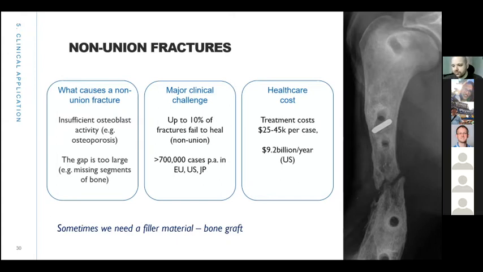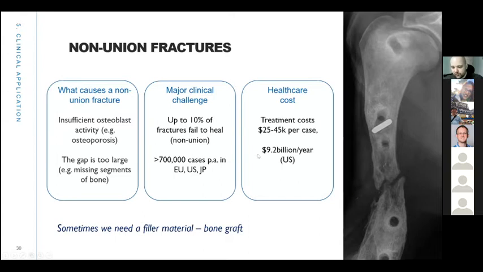For example, if you have a bone cancer and there's a large section of bone removed, then there'll be a need for graft material to replace the missing section of bone. Fractures can also occur due to osteoporosis, and this specifically is a lack of osteoblast activity, so a lack of bone formation, leading to low bone density and a higher risk of fracture.